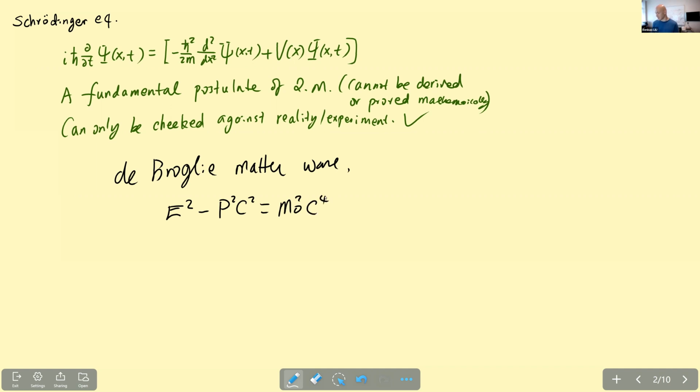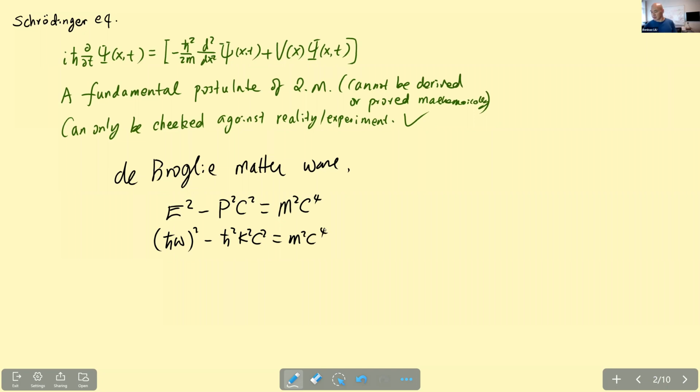Or let's say just use m, the rest mass. So this is the relativistic energy dispersion. And then we know that this can be written as (h bar omega) squared minus h bar squared k squared c squared equals m squared c to the power 4.